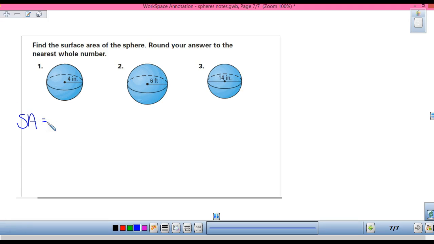Okay, so surface area, what's my formula for surface area? 4 times pi times, what's r squared? 16. So my surface area is 64 pi what? Inches.